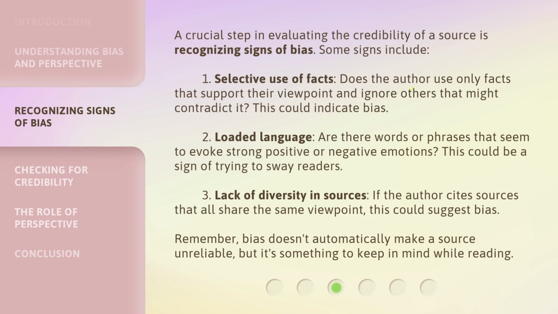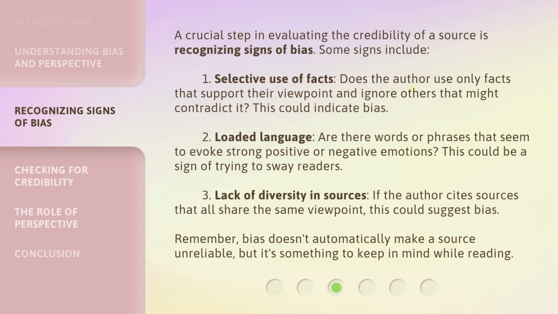A crucial step in evaluating the credibility of a source is recognizing signs of bias. Some signs include: 1. Selective use of facts. Does the author use only facts that support their viewpoint and ignore others that might contradict it? This could indicate bias. 2. Loaded language.